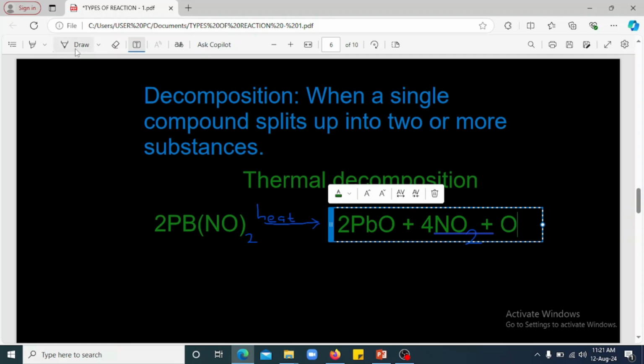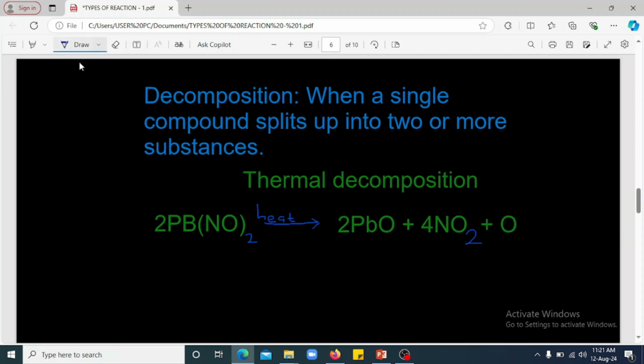Oxygen is O2. Okay, so this is thermal decomposition because heat is required.